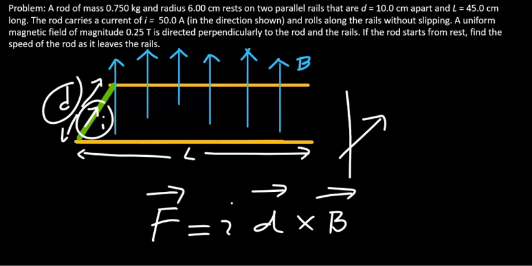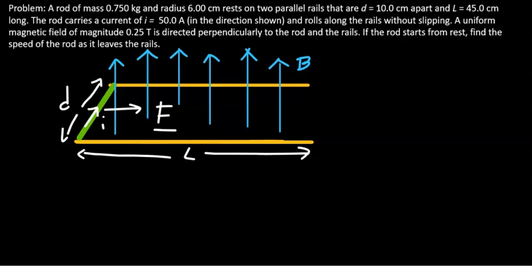The direction of the field is perpendicularly up. So when you make your cross product with your right hand and you curl your right hand fingers from the direction of the current to the direction of the magnetic field, you see that the direction of your right hand thumb is rightward. So that is the direction of that magnetic force.